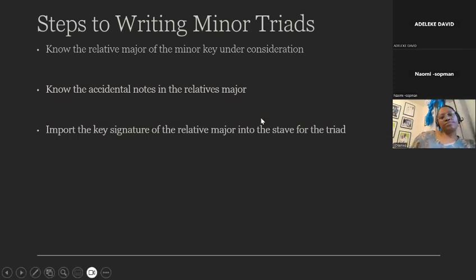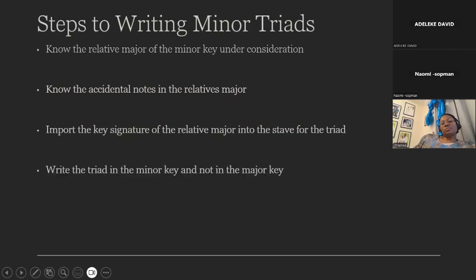Now, when you are writing D minor, it means that you have to bring in the B flat, which is a key signature of the major scale of F, into your scale of D minor for this triad.